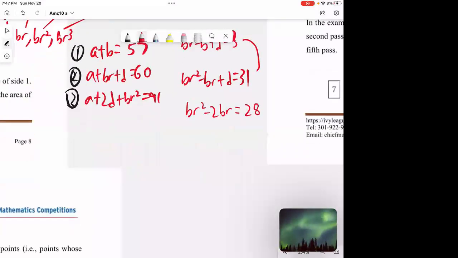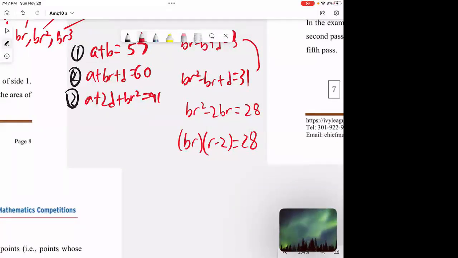So then we can factor this, right? B times R minus 1 squared equals 28. Is that right? Yeah, that's correct.